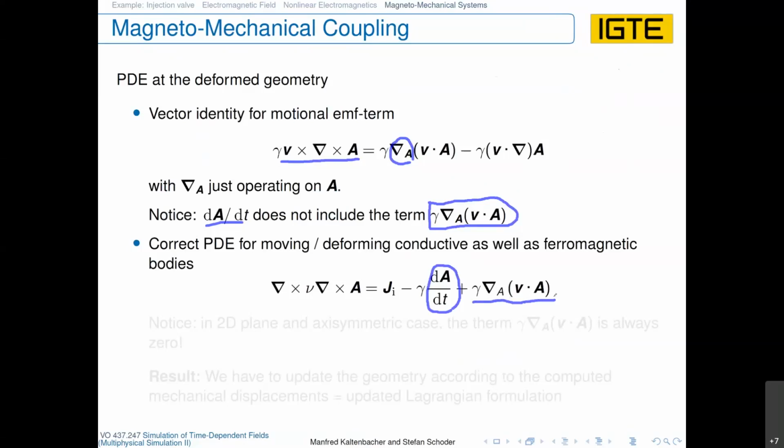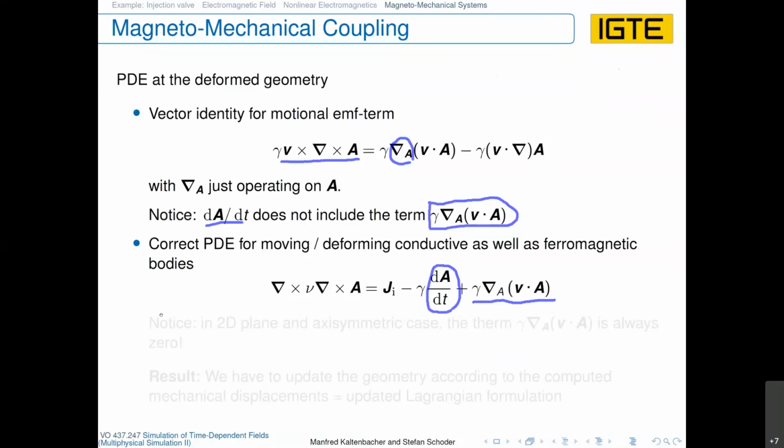This is a very interesting term. As you can see here, it is a gradient of the dot product between the velocity of the solid body and the magnetic vector potential, but this operator is just operating on the magnetic vector potential.